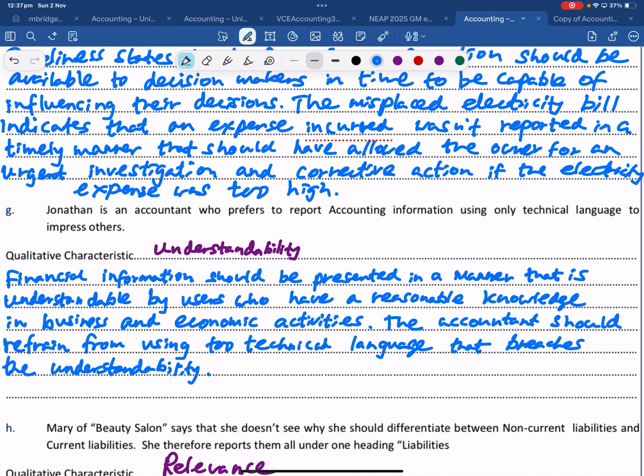Because you wouldn't be able to understand if they're two all together, and it would be hard for decision making. Will help for decision making, like in which way? If they will separate. Separate it? Okay. What do you think, Lakshmi? Why do you say relevance? Because my answer was wrong.